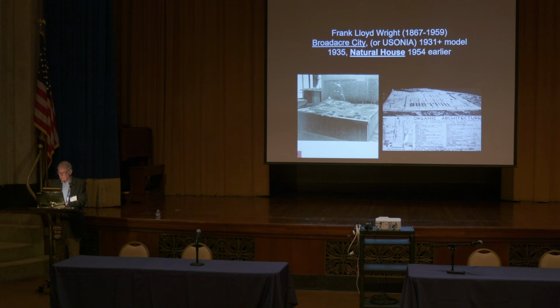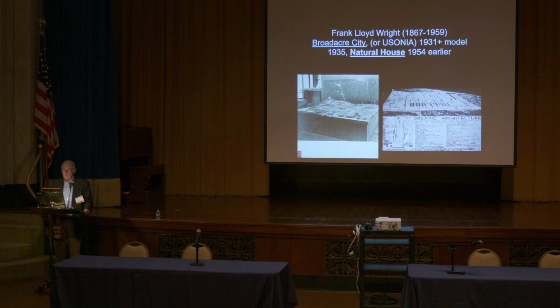But it is important to note that Wright did create his Broadacre City, which was a scheme for organizing outside of the American city. This is 1931. Of course, you know what's been going on in 1929. This is his attempt, he's really fallen off the cliff, and he's trying to get his architecture back.